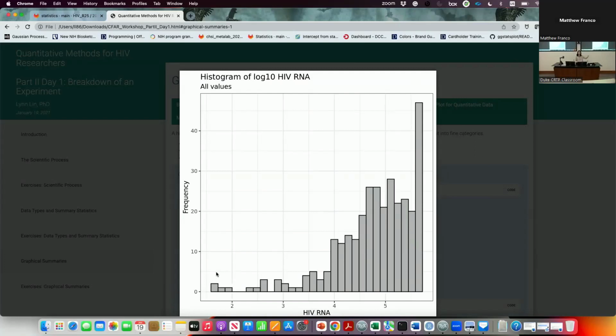They have extremely low, close to zero, HIV RNA values. Another thing we can say is that it's unimodal, and the mode is sort of at the tail.